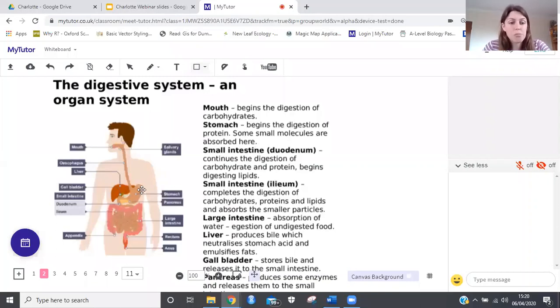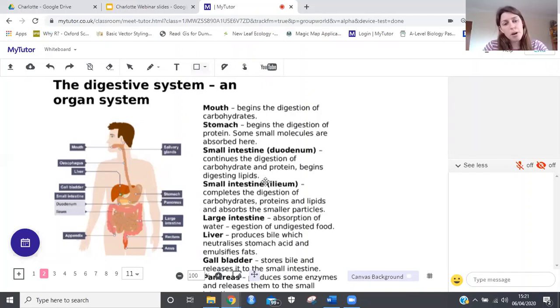Our food then moves from the stomach to the small intestine, and the small intestine is broken down into two areas. So the duodenum is first, and while in the duodenum, the digestion of carbohydrate and protein is continued, and then we begin to digest those lipids as well, those fat molecules.